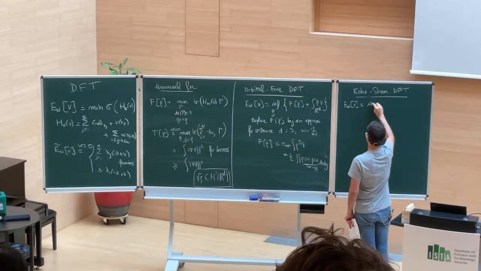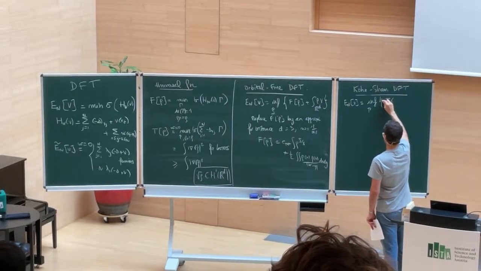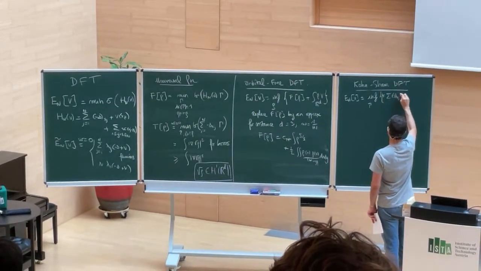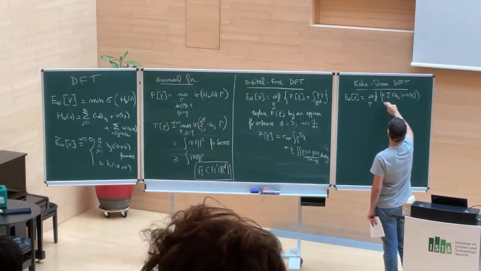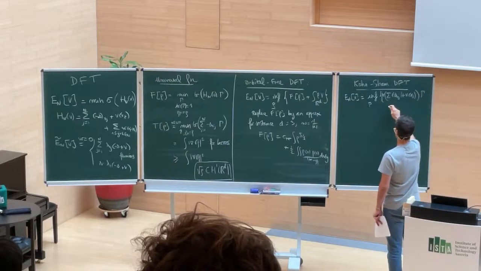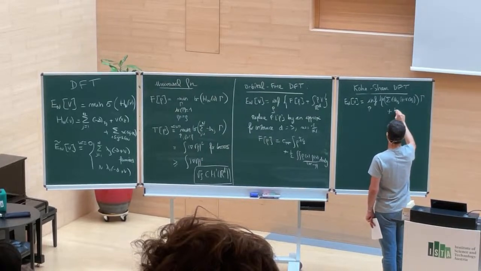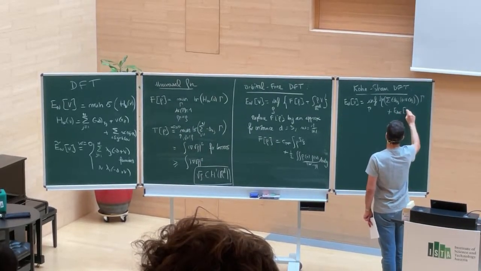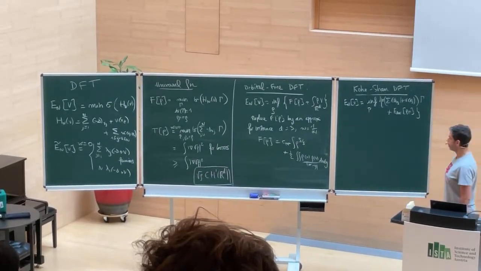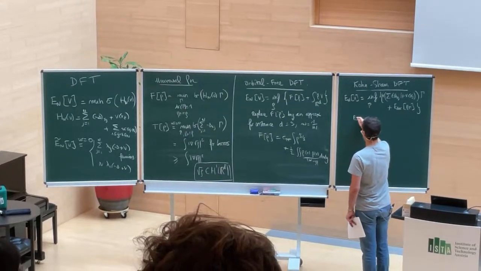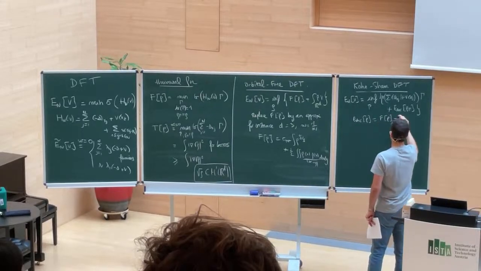It was the infimum over gamma of the kinetic energy, trace of minus Laplacian times gamma plus the integral of V times rho gamma, plus E_dxc of rho gamma, where E_dxc of rho is just F of rho minus T of rho.